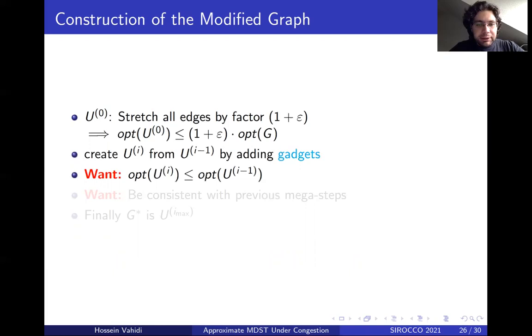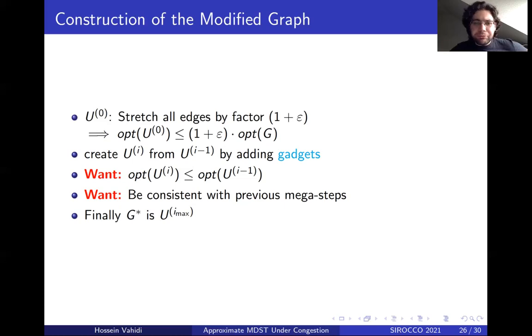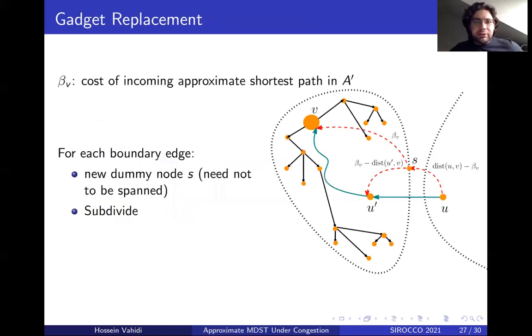First of all, the gadget doesn't decrease the cost of MDST, and also it's consistent with the previous mega steps, in the sense that when running the exact algorithm on this modified graph, we see that again both of the algorithms are making the same decisions. And finally, the last modified graph would be our intended one. Let's see how these gadgets look like.